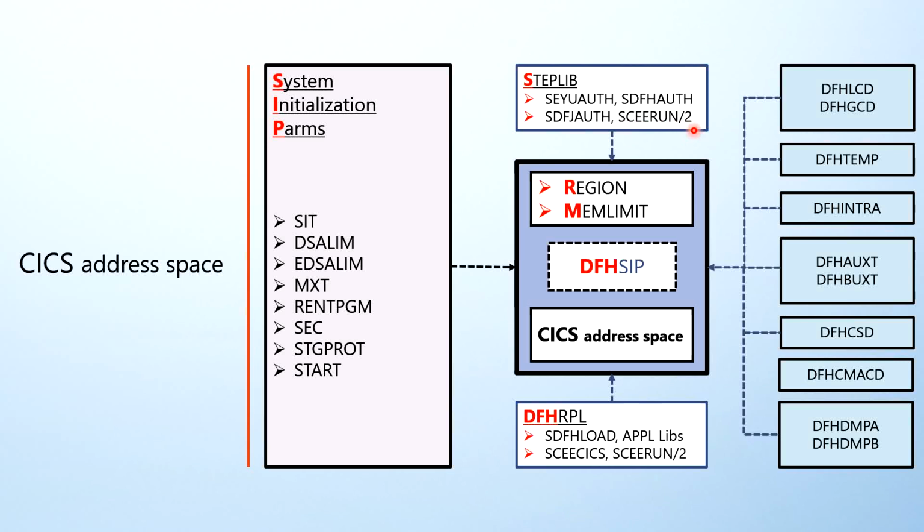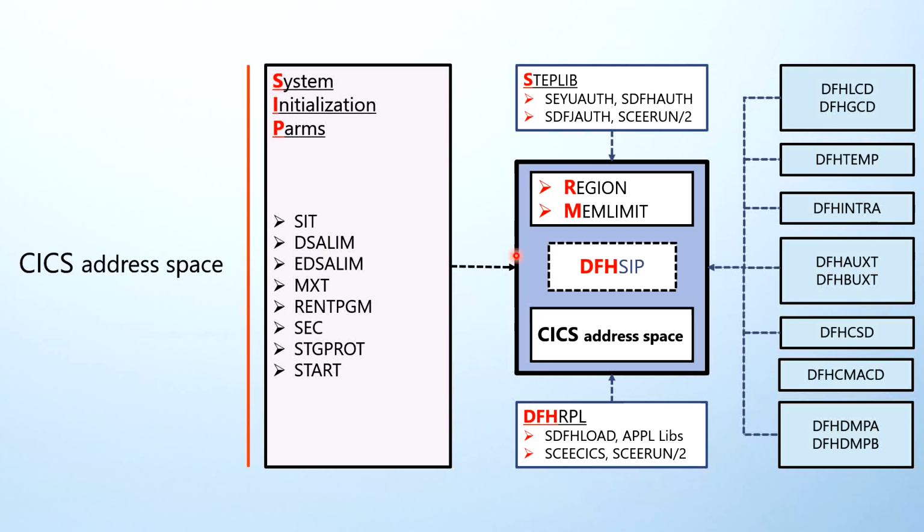And apart from the DDs you see in your normal job, there's a special DD which is reserved for CICS, that is DFHRPL, where you provide some product libraries like SDFHLOAD, and this is the DD where you provide all your application load libraries as well. You also provide the LE load libraries, like SCEECICS and SCEERUN and SCEERUN2 datasets.